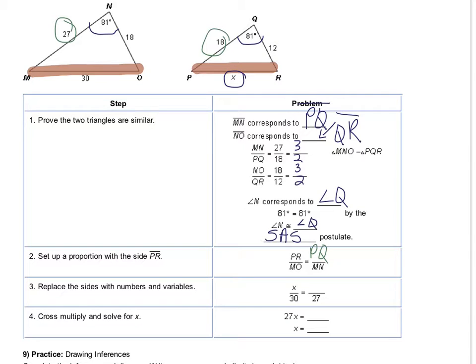So PQ is 18. And once again, since you have a proportion, you cross multiply and divide. So x times 27 is 27x, and 30 times 18 is 540. And then you divide both sides by 27, and you get x is 20. So PR is 20 units.